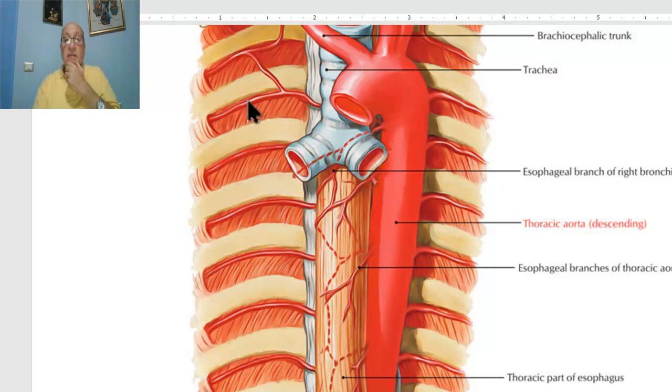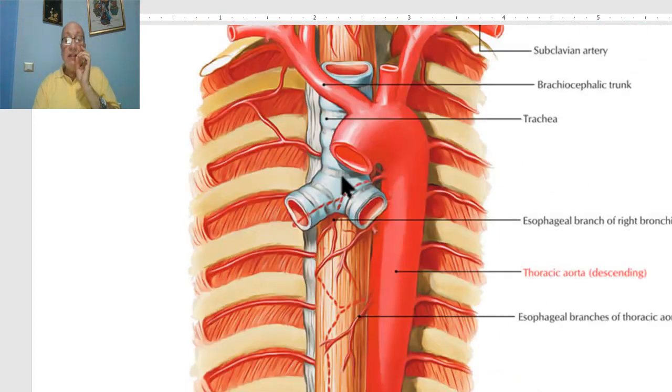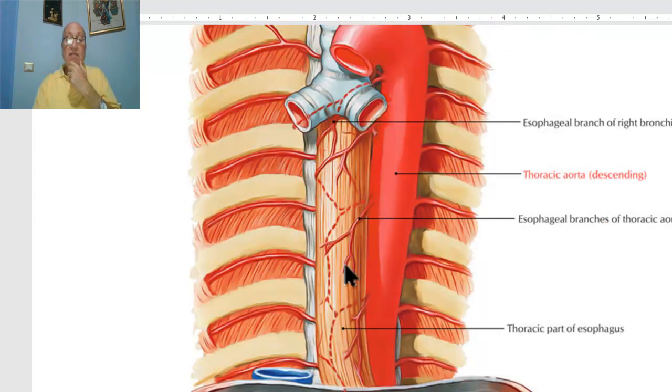Therefore, it gives 9 pairs of posterior intercostal arteries. Then, it gives the last intercostal, subcostal arteries. Then it is related anteriorly to the left main bronchus, gives the 2 left bronchial arteries, and it is closely related to the esophagus, gives the 5 esophageal branches.